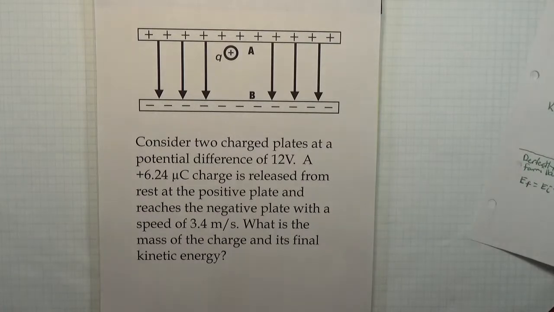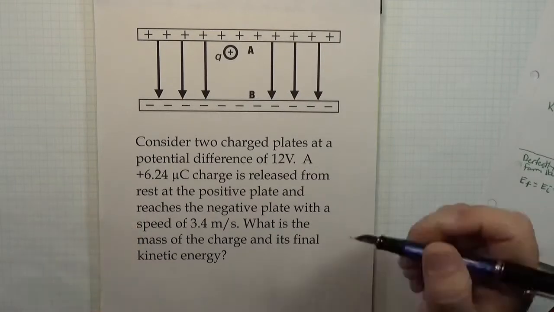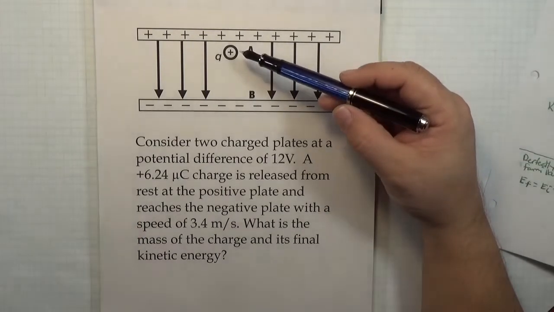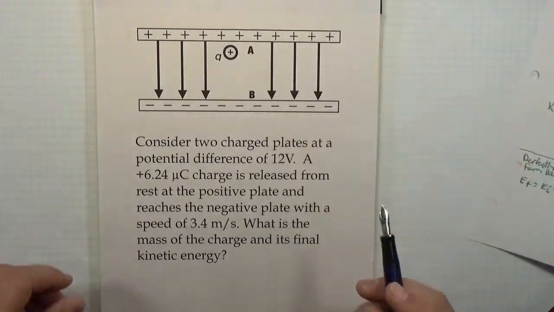Okay, so in this case, let's look at how we set up this problem by simply looking at the potential energy first. Okay, so what I know is that I start near the positive plate and then I go to the negative plate.